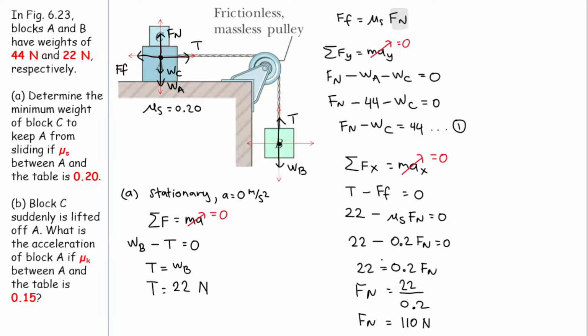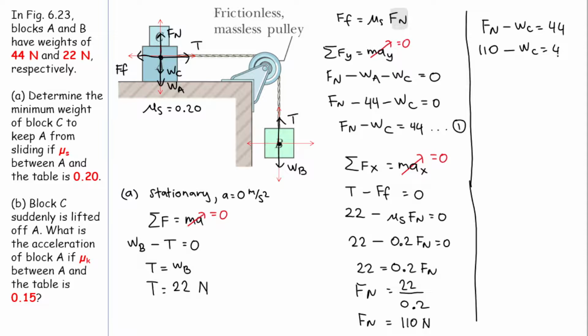And we can just plug that into equation number 1. So here we will have Fn minus Wc equals 44. But then Fn is 110 minus Wc equals 44. And we can isolate for Wc, so that will be 110 minus 44.